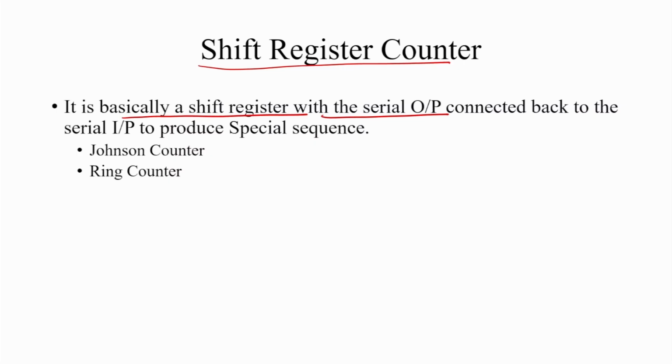This is an important point: it is a special type of shift register with serial output, and that is known as a shift register counter. There are two types of counter we generally study here, the Johnson counter and the ring counter. What is the meaning of Johnson counter and ring counter, and how do we design them?